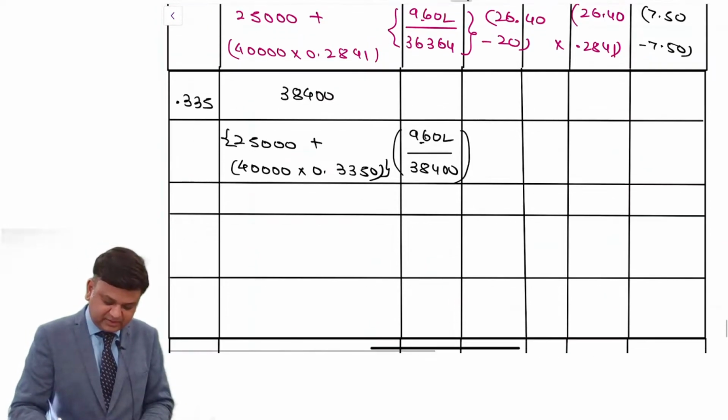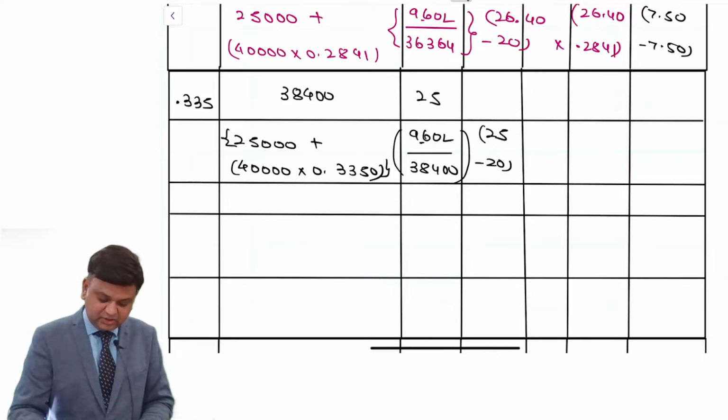It is 25 rupees. Before merger it was 20, so there is a profit of 5.